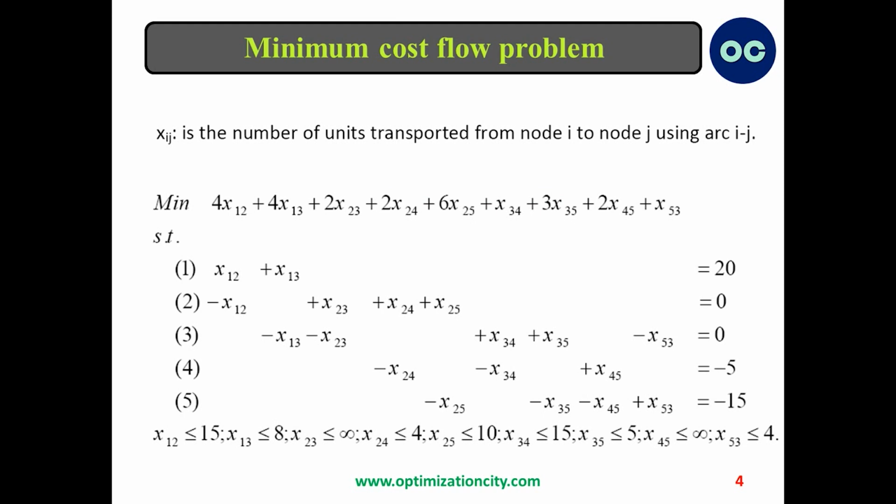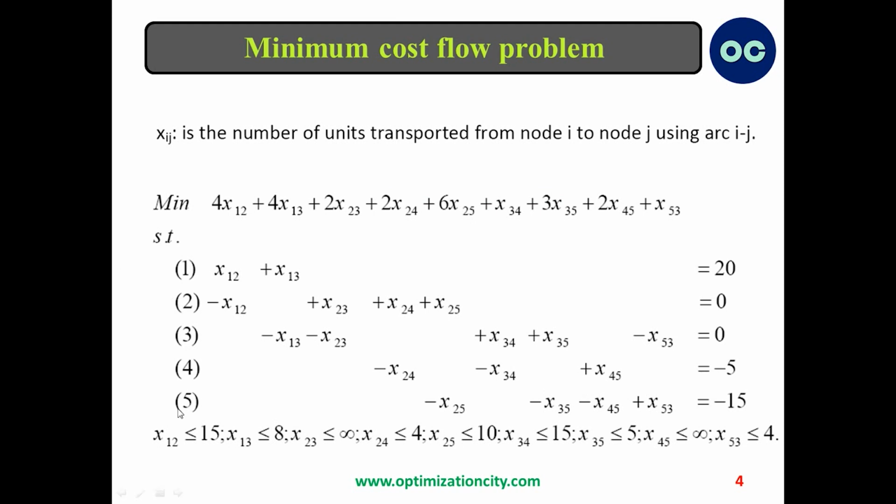In the minimum cost flow problem, our objective is to discover the flow pattern that incurs the lowest cost. To formulate this problem as a linear programming model, let's consider the following notation as a decision variable. x_ij represents the quantity of units transported from node i to j using arc ij. Now let's look at the linear programming model for the minimum cost flow problem in this figure.